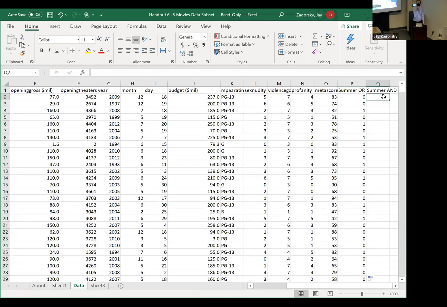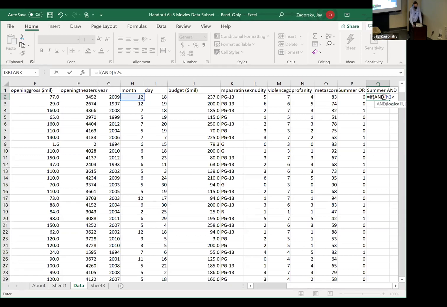Let's try a different if function. Let's try an and function. Equal if, and, left parenthesis. What do we want to say here? Anybody have any ideas how I do it with an and? We can flip the logic. If H2 is less than 5, oh.